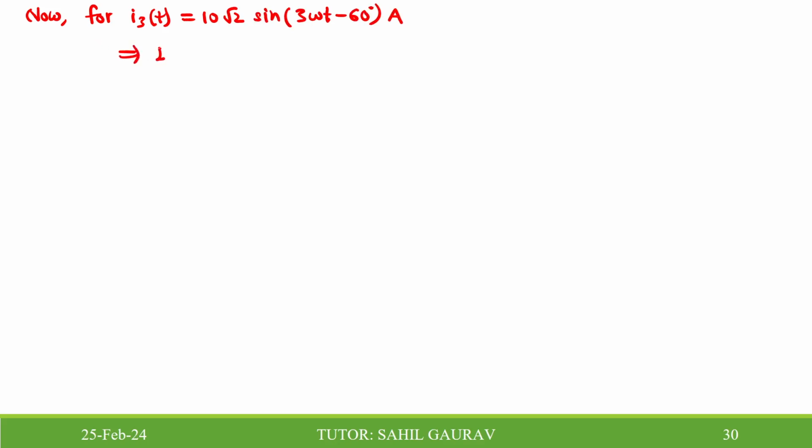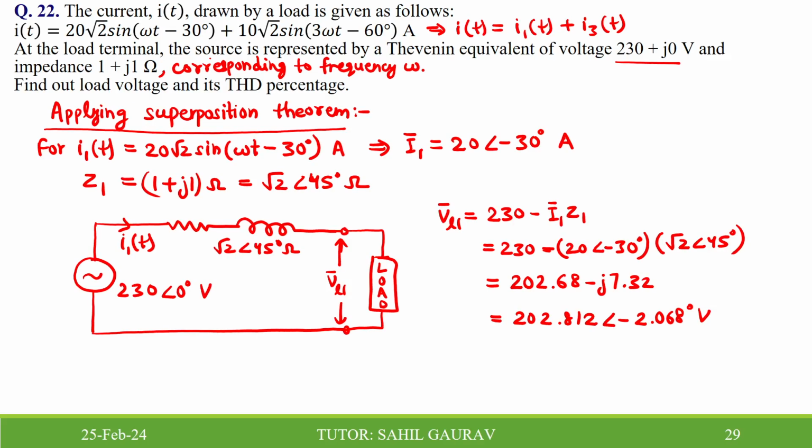So in phasor form, you will get I3 bar as 10 at the angle of minus 60 degree ampere. And Z3, how much you got? Can anyone tell? If Z1 we wrote as 1 plus J1, how much will we get in Z3?